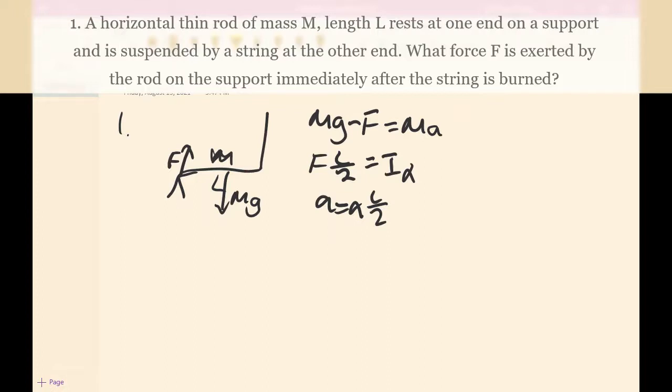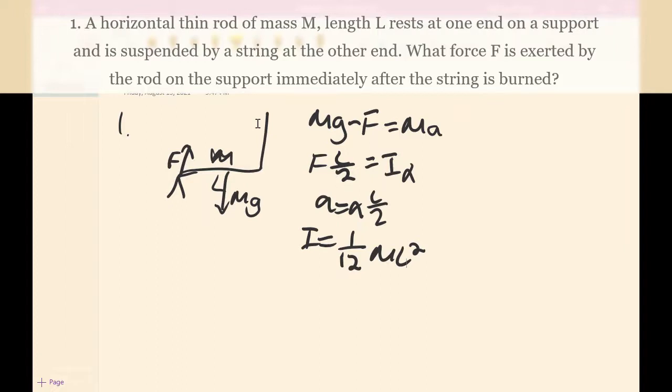Okay, so now we need to know the value of I, and here I is equal to 1/12 ml squared. This is because we're measuring around the center of this rod. The moment of inertia of a rod around the center is 1/12 ml squared.